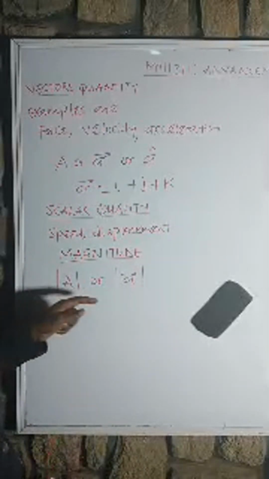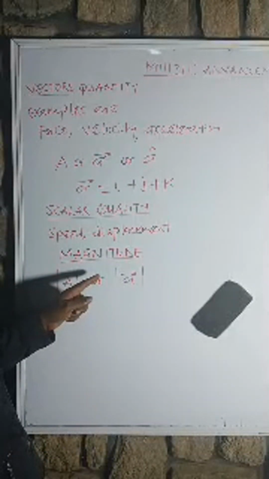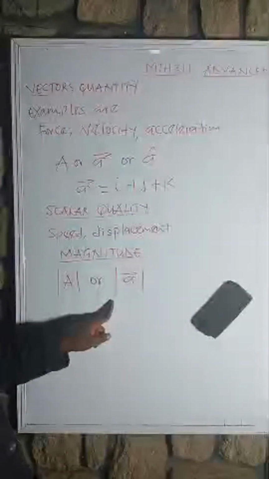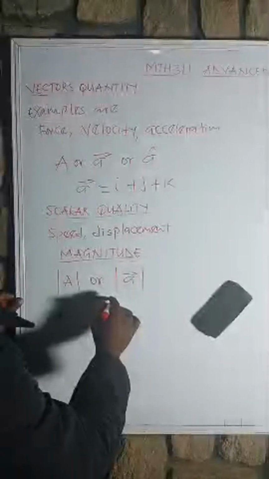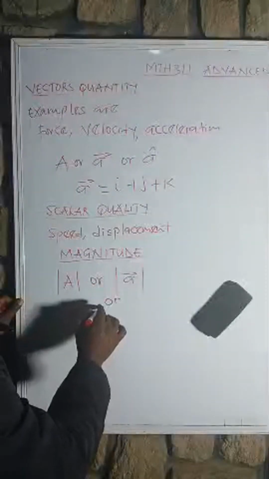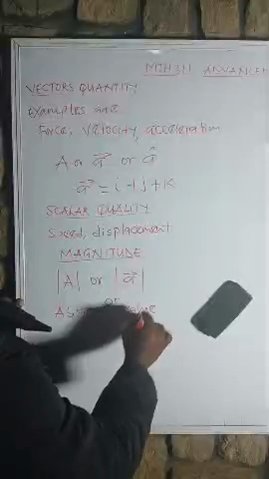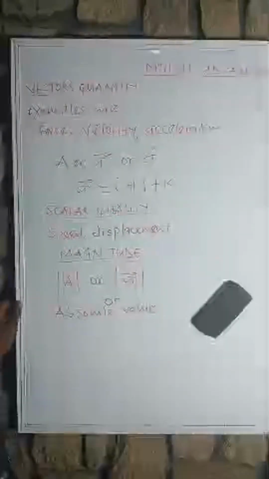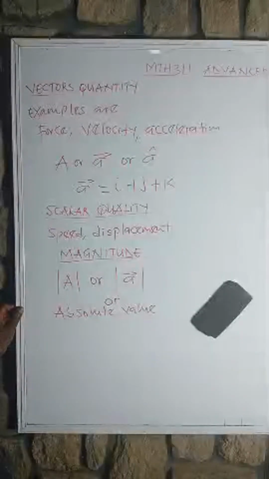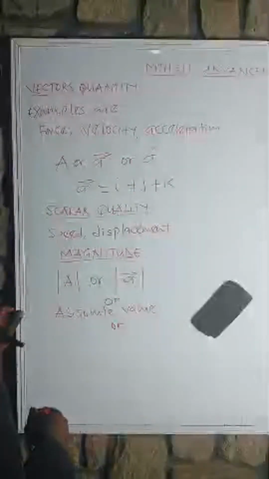So this is a magnitude, or it is also called absolute value. Is that clear? Or it is also known as norm.